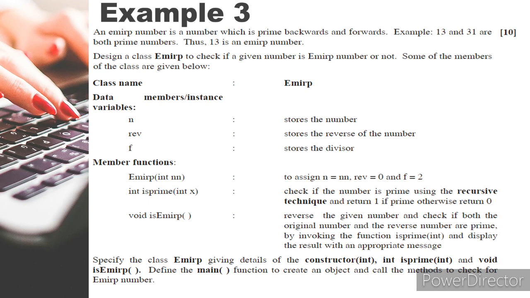E prime means the number is prime and the reverse is also prime. So reverse the number and check whether both the original number and the reversed number are prime or not. In void is e prime, we have to reverse the number and check whether it's an e prime or not. So this one also you have to do by yourself.